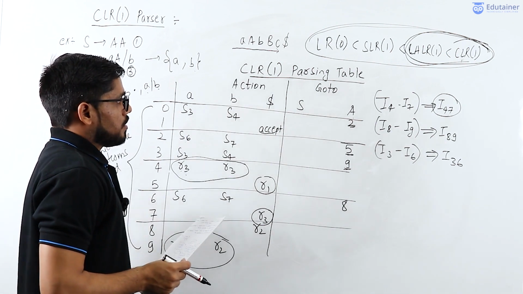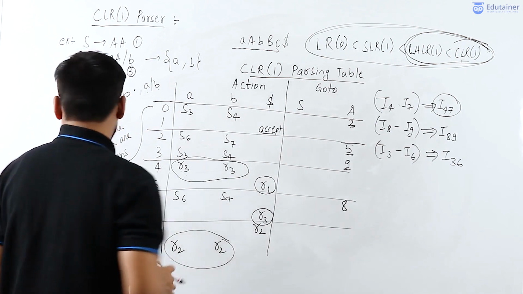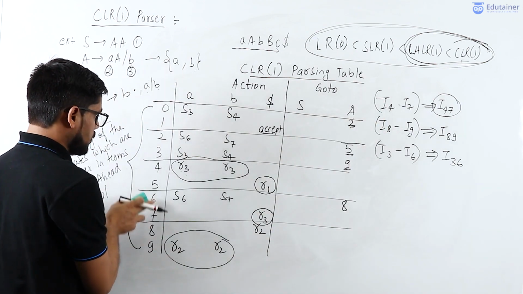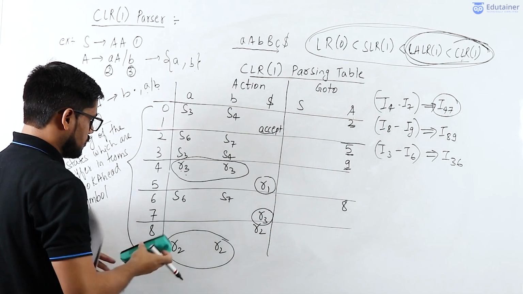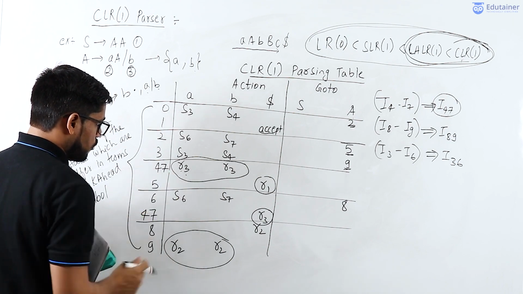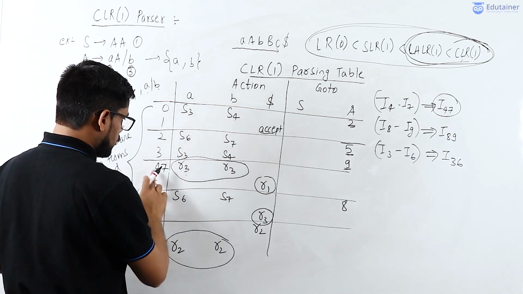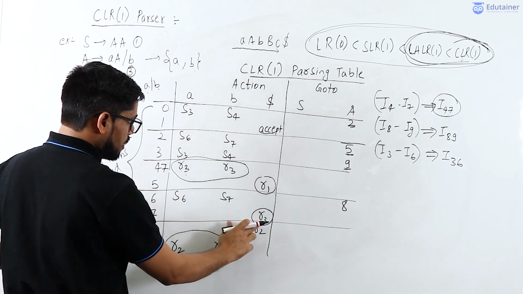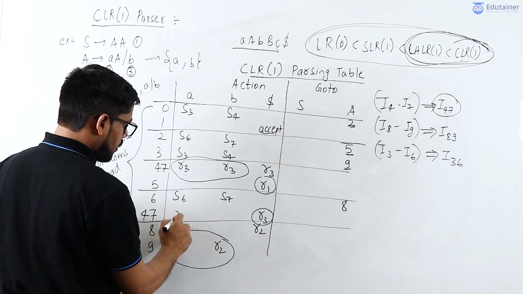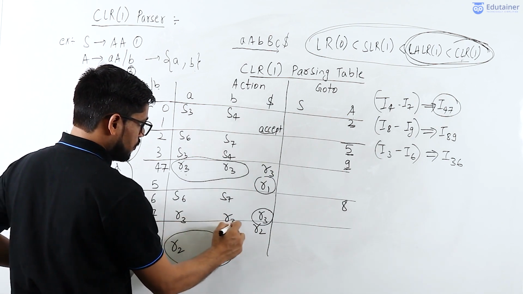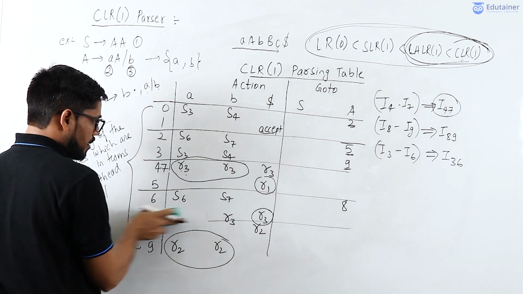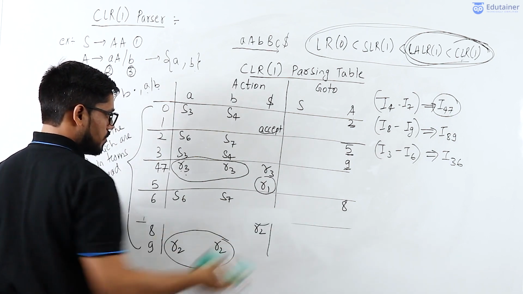Okay. So if I merge state I4 and I7, in I4 there is R3 present here, so I have to add R3 here, and here R3 and R3. So this state is redundant, and I can easily remove it.